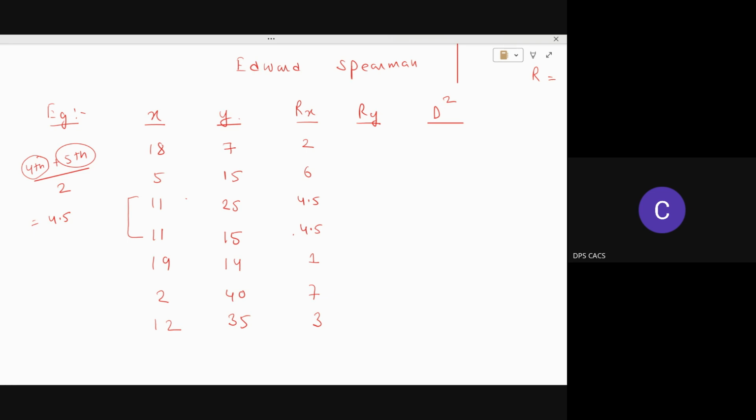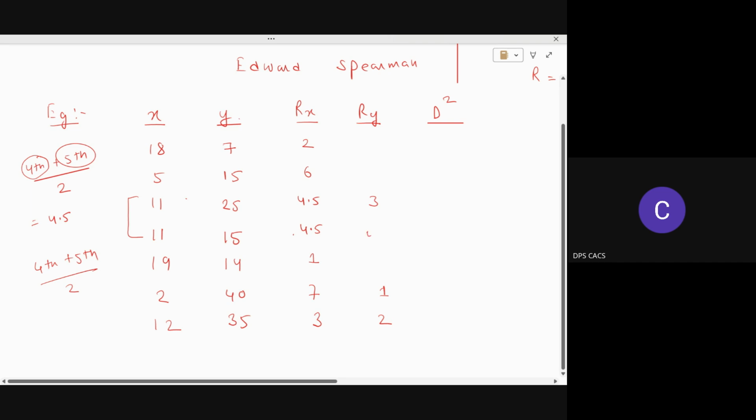Any problem with this? Now let's come to RY and you people will give me the figures now. Who is rank 1? 40. Rank 2? Rank 3? Rank 4? Now there is a tie. So 4 plus 5th, again divide by 2, same. 4.5 again.